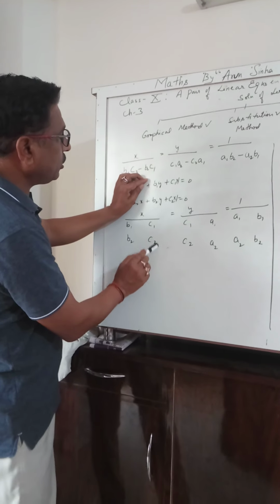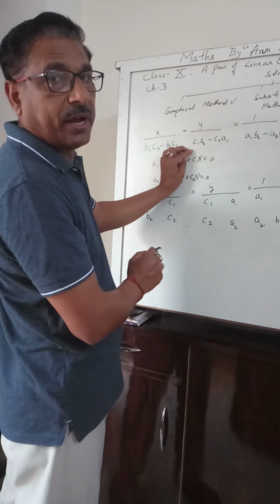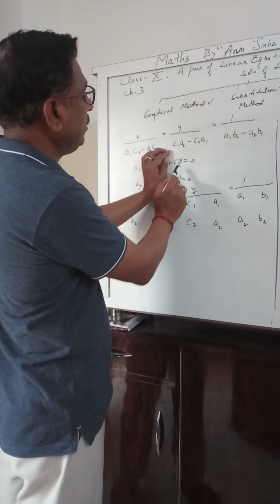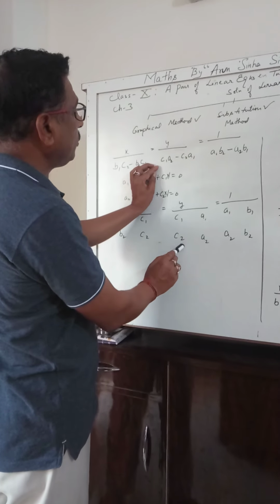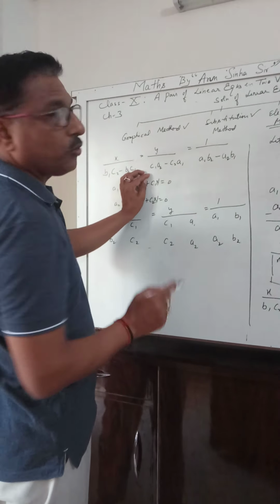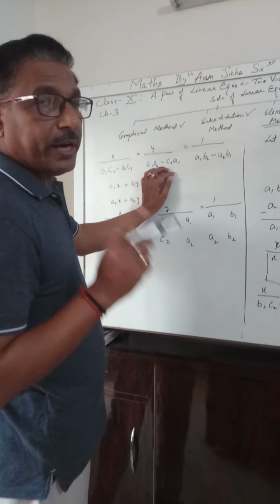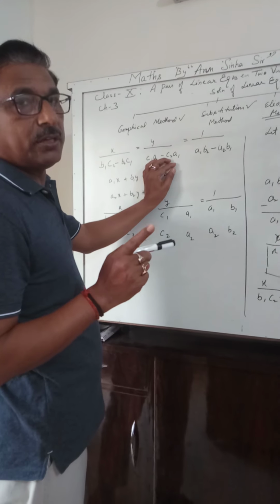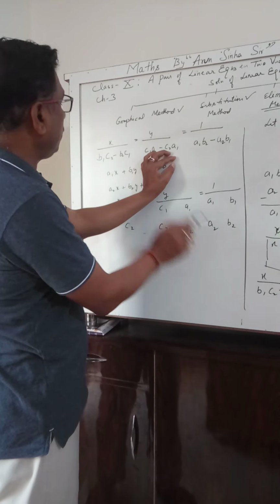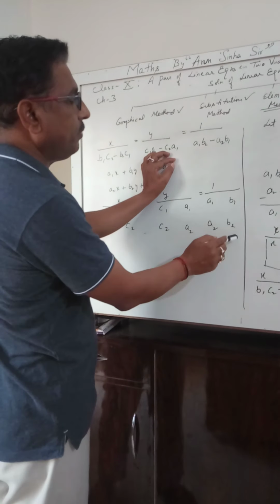To get the value of y, you eliminate this y term, and see c1 c2, a1 a2. To get the value of 1, we just hide the 1 term. What will you get? a1 a2, b1 b2.